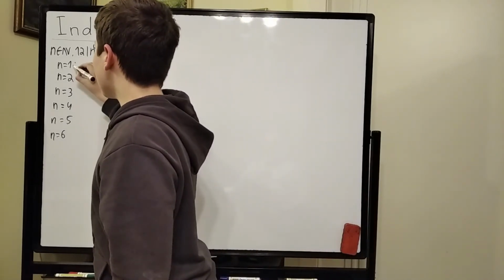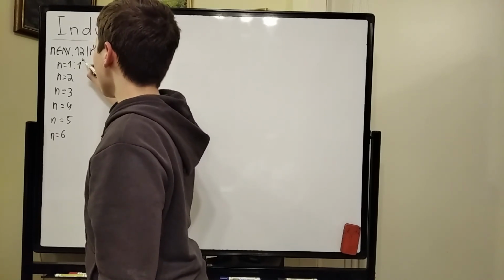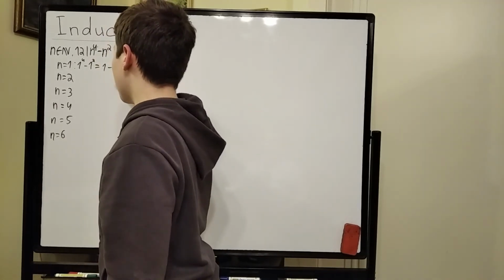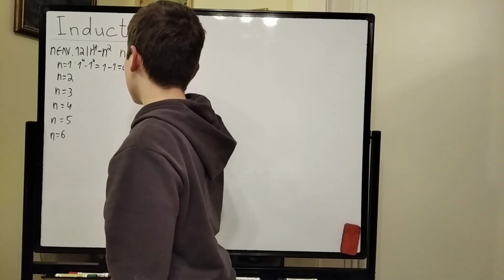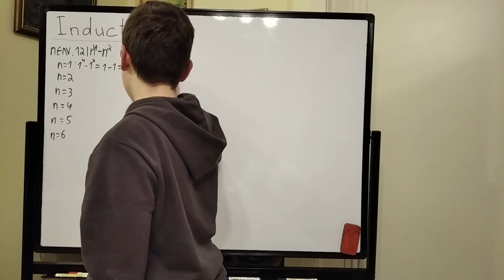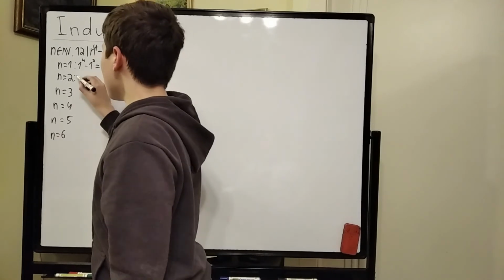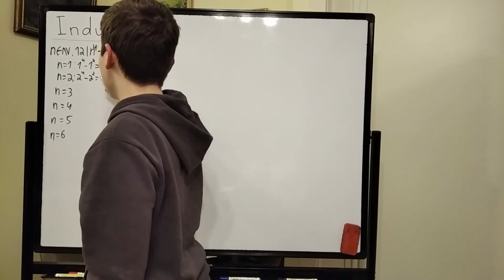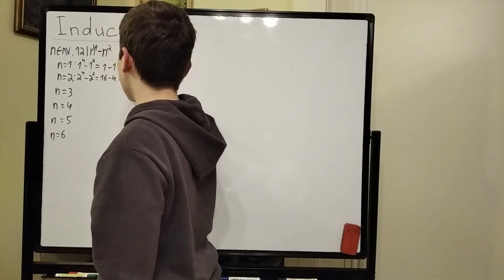So for n equals 1, if we plug it into this, we have 1 to the fourth minus 1 squared, which is 1 minus 1, which is 0, which divides into 12. It's 0 times 12. So that's a check mark. For n is equal to 2, we have 2 to the fourth minus 2 squared, which is 16 minus 4, which is 12.